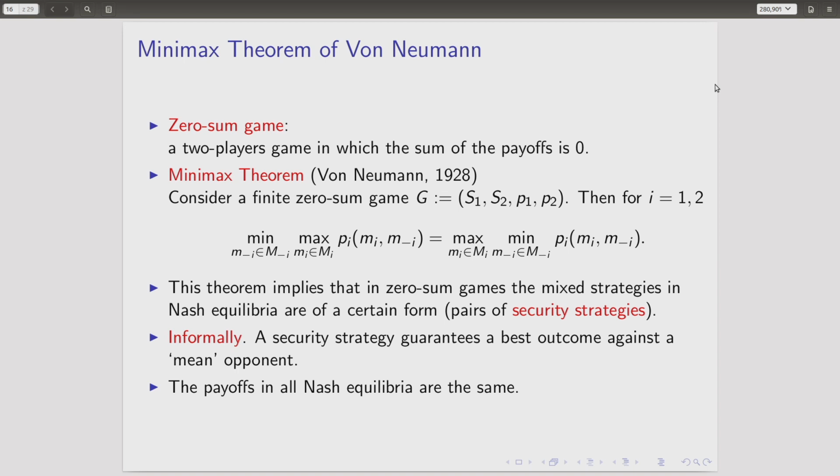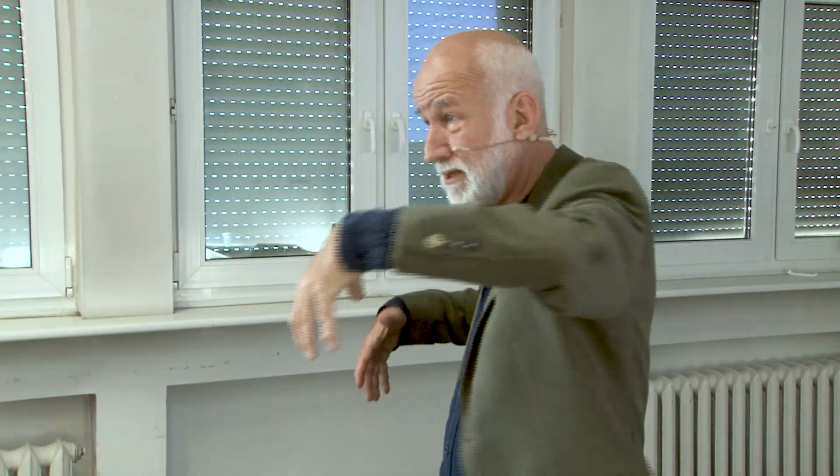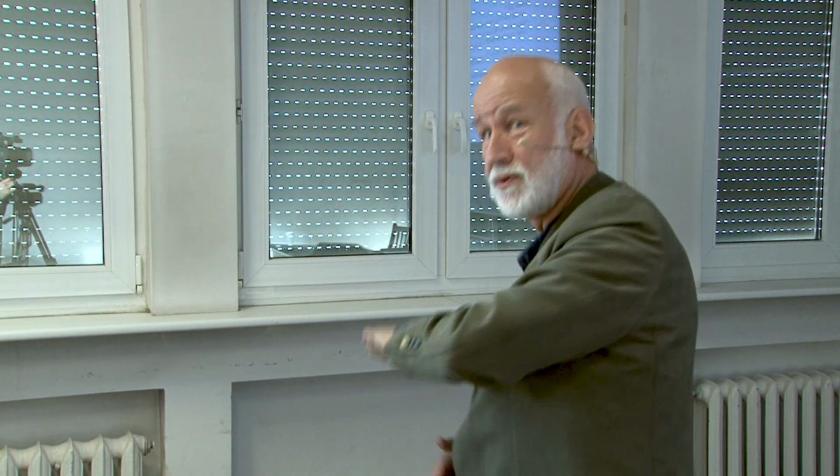So this explains the name, min max, max min. Now, you can ask yourself what it is and why is it important. This refers to certain strategies which are called saddle points, and it is as follows. If you look at a saddle, then it has this shape, that a rider on a horse will sit in it, but also that shape.